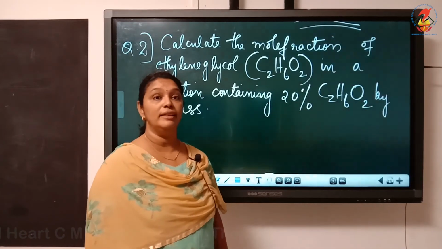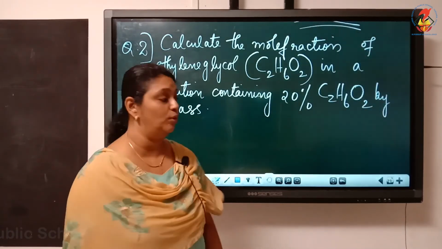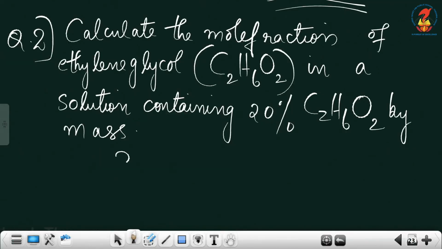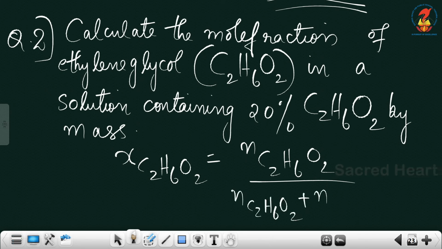So you have to find the mole fraction of ethylene glycol, and the expression to find mole fraction is X of ethylene glycol C2H6O2 is equal to number of moles of ethylene glycol divided by number of moles of ethylene glycol plus number of moles of water. That is the number of moles of component divided by total number of moles of all the components present.